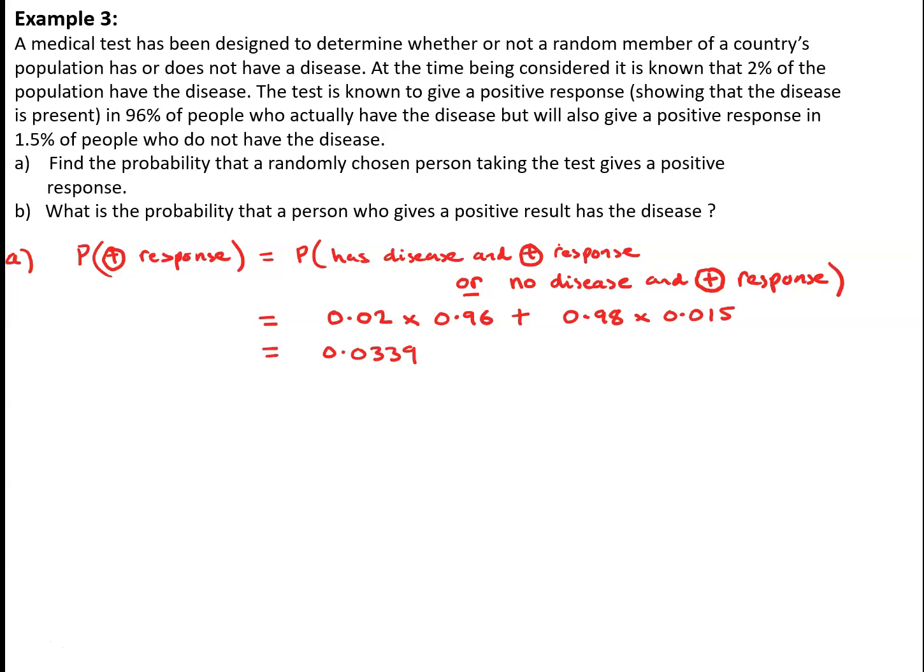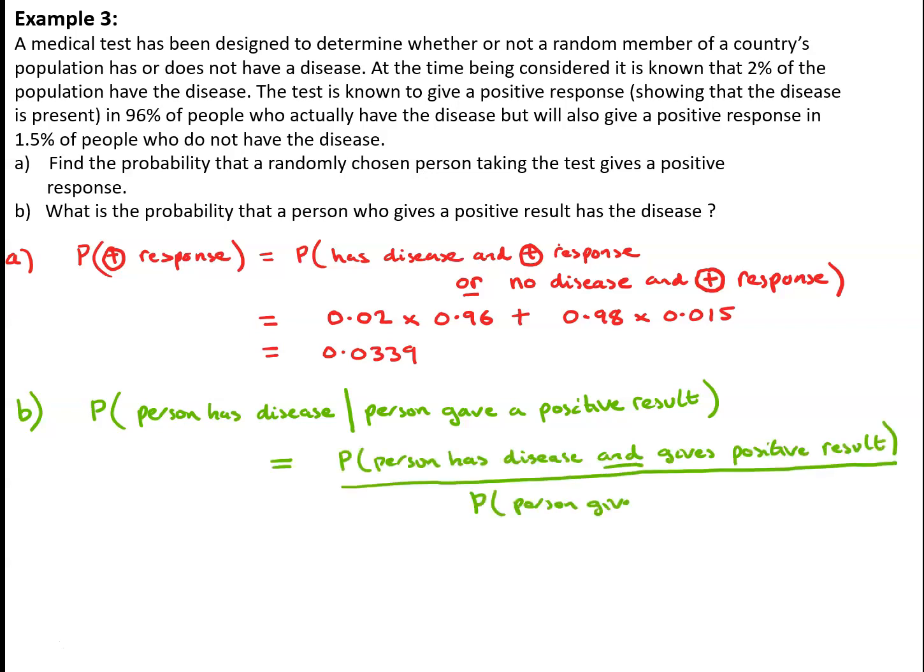So it's a conditional probability here. Using the rule for conditional probabilities, that is the same thing as the probability the person has the disease and gives a positive result, divided by the probability that the person gives a positive result.